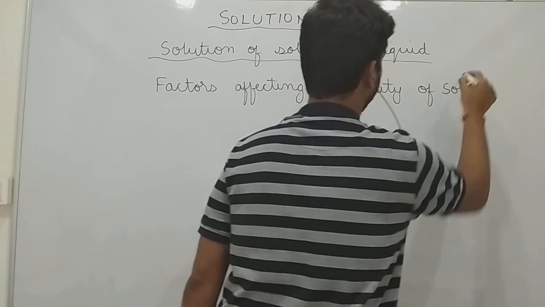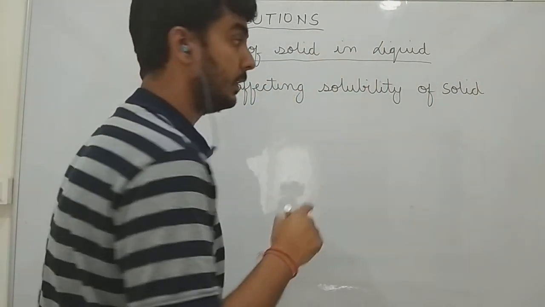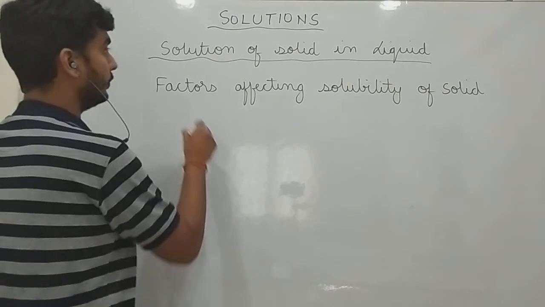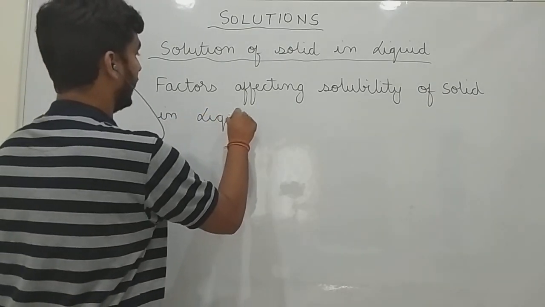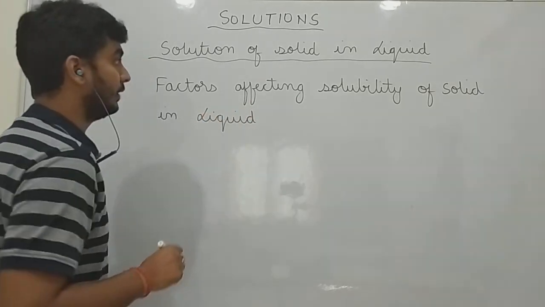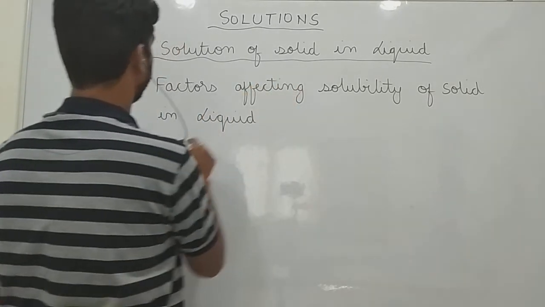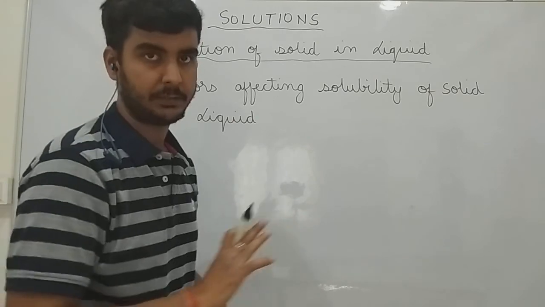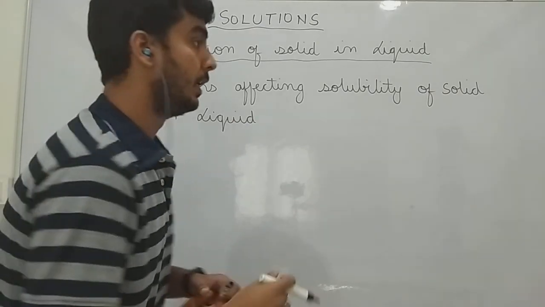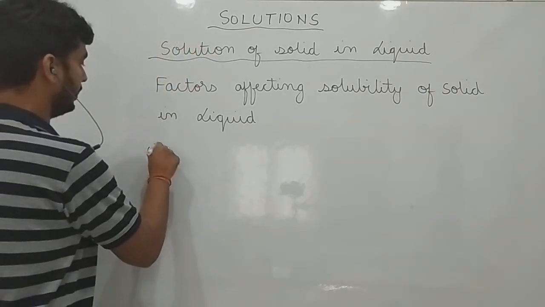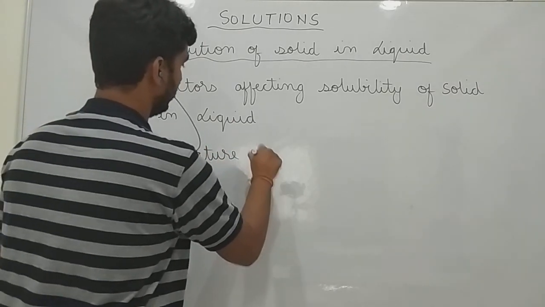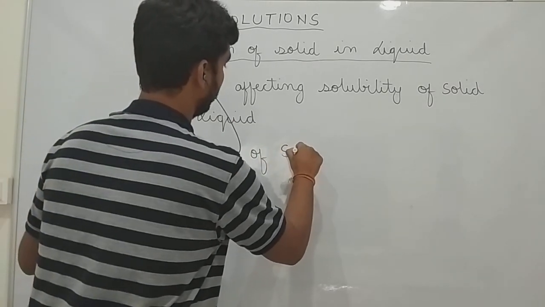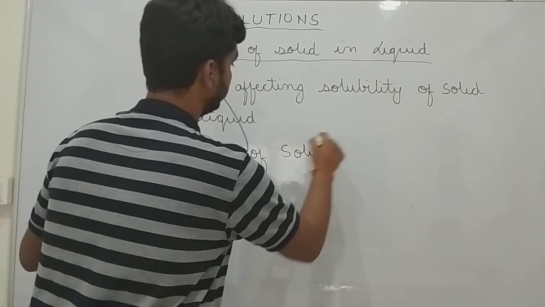Factors affecting solubility of solid, that is solute, in liquid, and the liquid will be acting as solvent in this case. Now I'll write the factors in short and I'll discuss them. So the first factor is nature of solute.